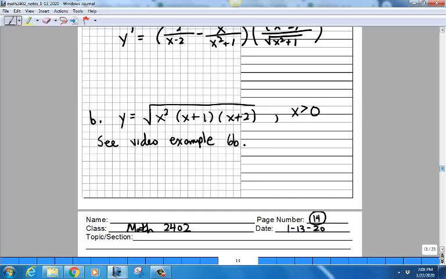So let me see if I can find the link to that video for this example, which I'm not going to do in class, but I have a video of this. And let me see if I can put that in the homework. So that's another thing that I will often put at the top of homeworks: examples of videos of examples that are in the notes, but that I don't actually do in class, okay?